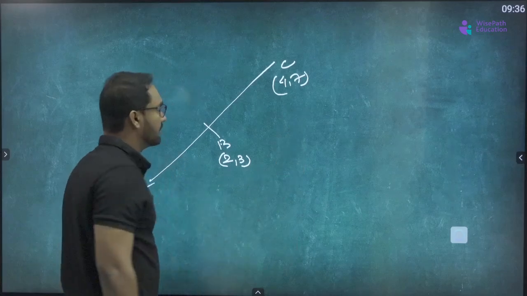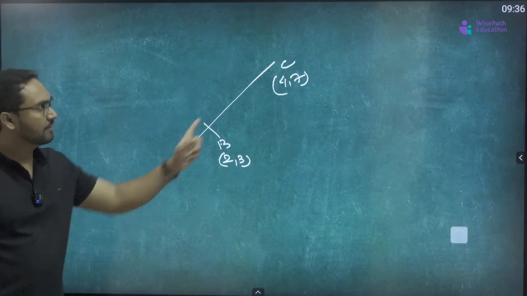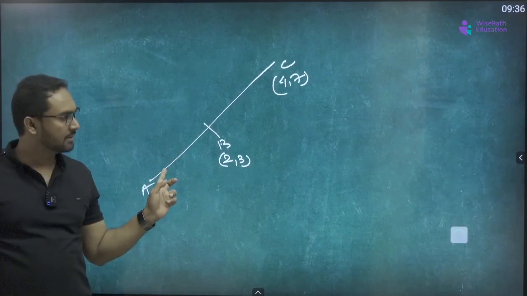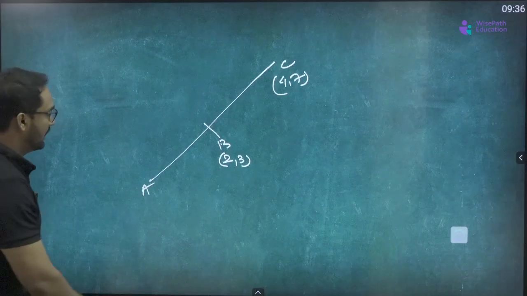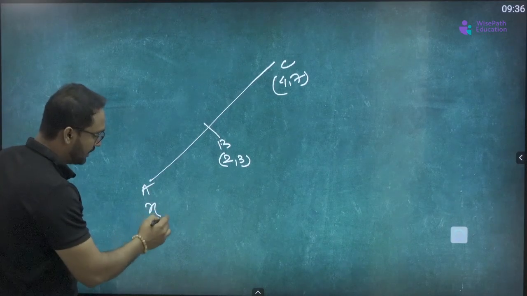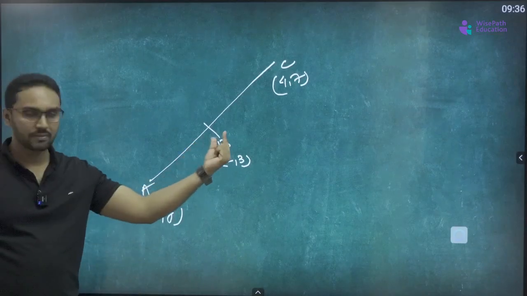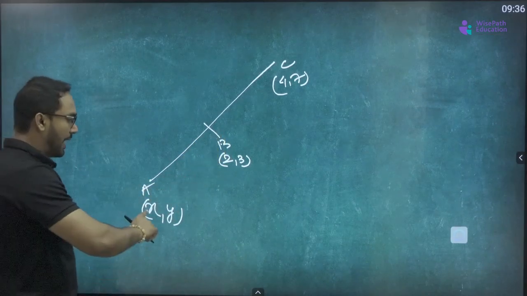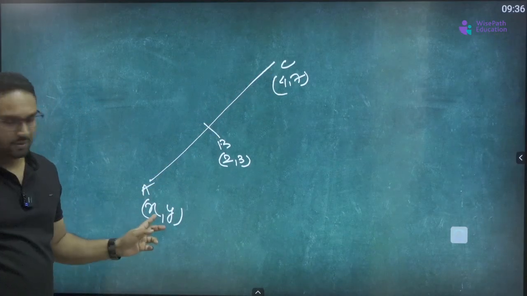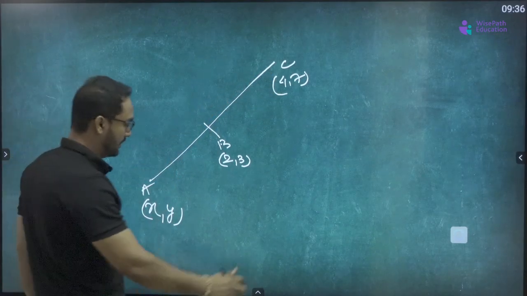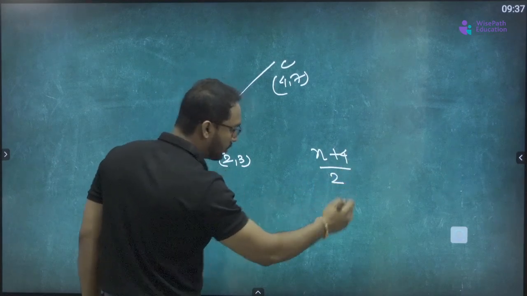So now this is the thing. If you are given the coordinates of 2 of the points and they are asking the coordinates of the midpoint of that line, this is what you do. Let's say you have the coordinates x and y. To find the midpoint, you add the x values of the 2 points, that is x plus 4, and divide by 2.